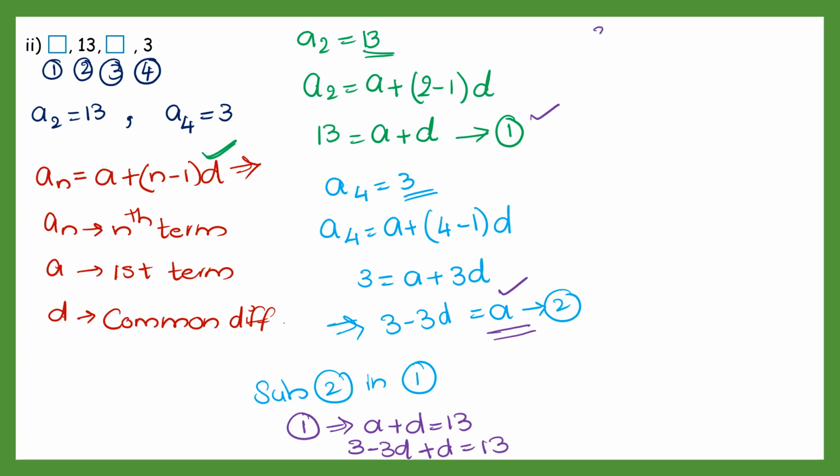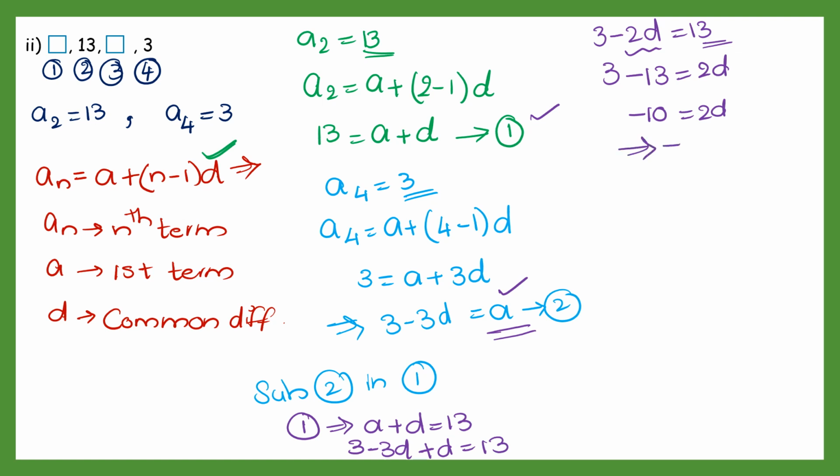So 3 minus 3D plus D is minus 2D, equal to 13. The 3 is on the left side; if it comes to the right side, it will become minus 3. 13 on the right side, if it comes left it becomes minus 13. If the minus 2D comes to the right side, it will become plus 2D. 3 minus 13 is minus 10. Minus 10 is equal to 2D.